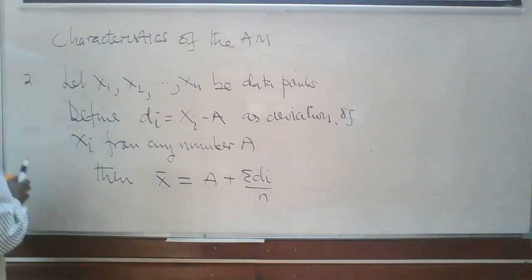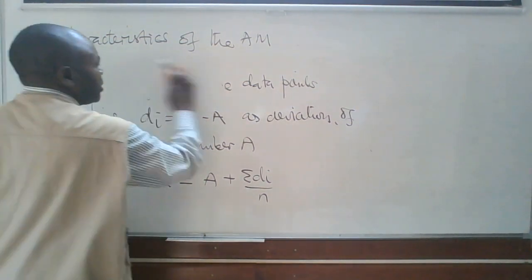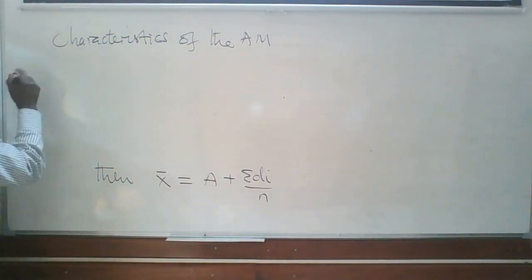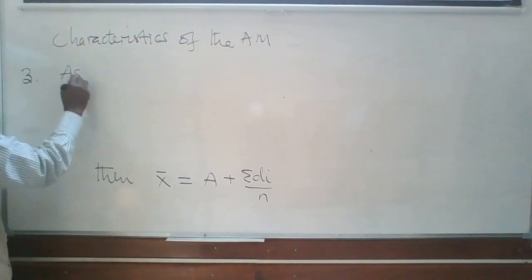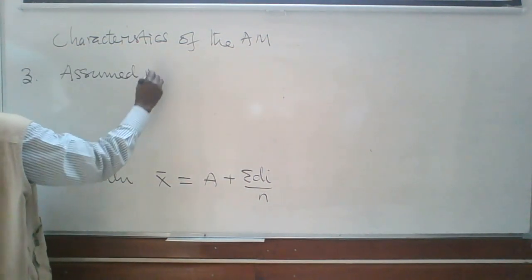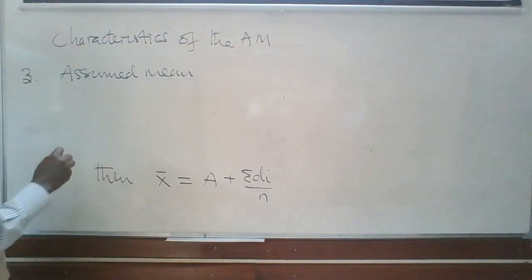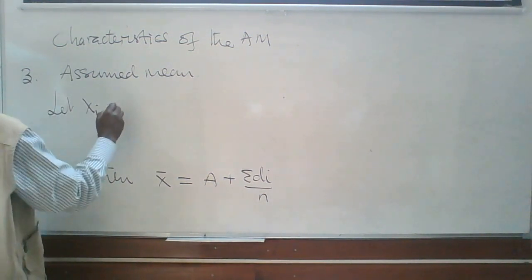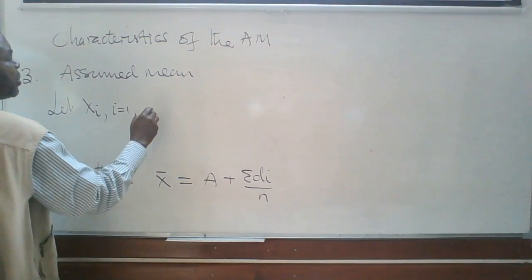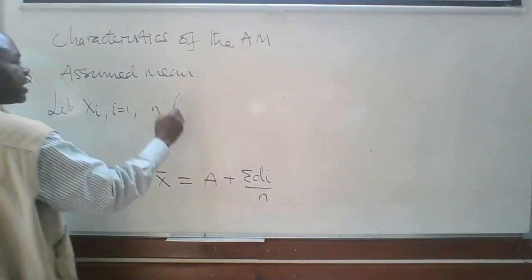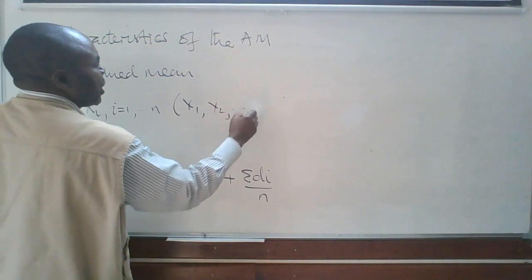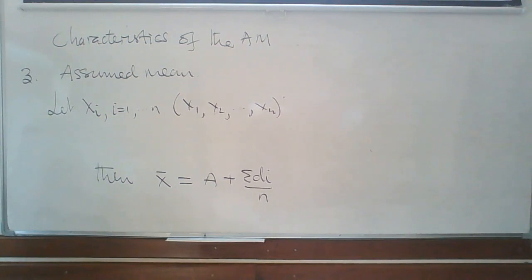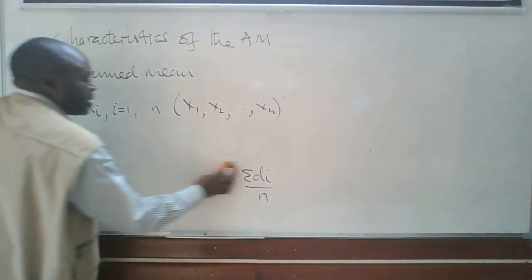This leads me to the third characteristic of the mean, which is the method of assumed mean. 3. Assumed mean. So here, I'll say let xi's, i running from 1 up to n, be class marks. This is the same as saying x1, x2 up to xn, but you can choose to write it in this format.